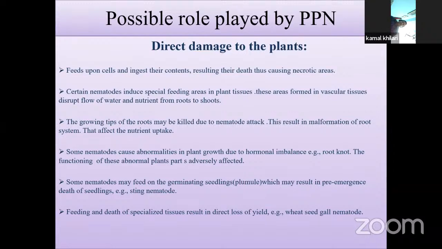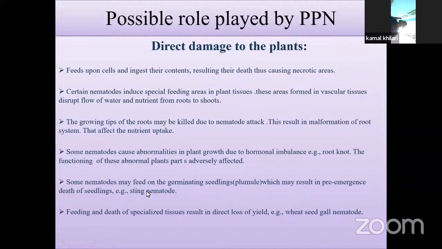So due to the damage to the growing part of the root, there may be formation of a cluster of roots, and the root system becomes shallow. They cannot reach deep, so the plant becomes very susceptible to drought conditions. And they cannot draw nutrients from the depth of the soil, so the root system becomes shallow. So this is direct damage to the plant.